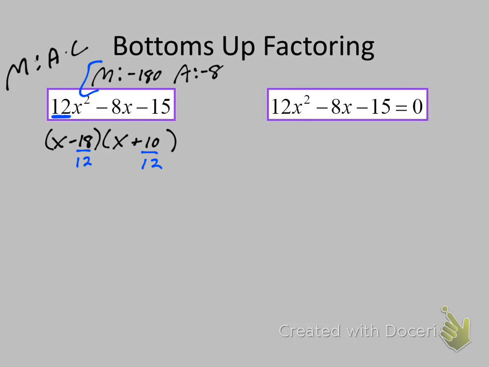Just the numbers, not the x, not the sign. So you turn it into two fractions, basically. And if you know anything about me and fractions, you should always reduce them. So you get x minus 3 halves and x plus 5/6.